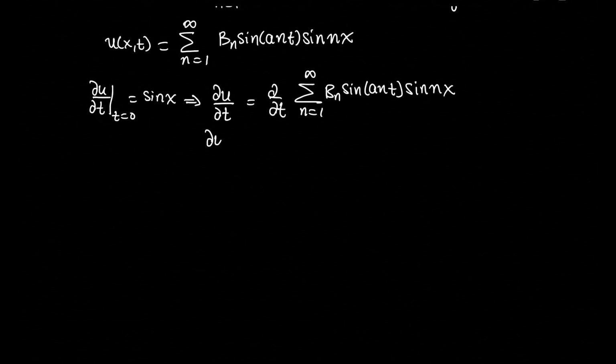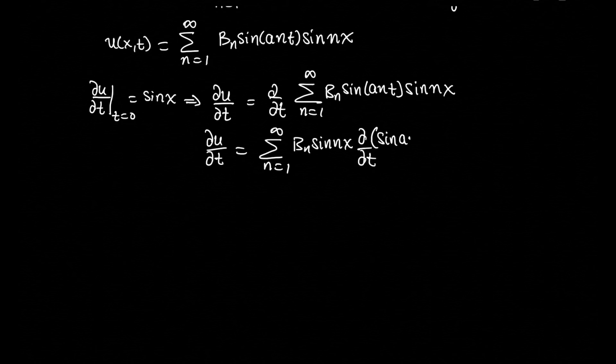So the derivative of u with respect to t is going to be the summation from n equals 1 to infinity. The derivative can go inside, and bn is a constant, sine of nx is a constant, and the derivative is just of sine of a n t, because it's a derivative with respect to time.